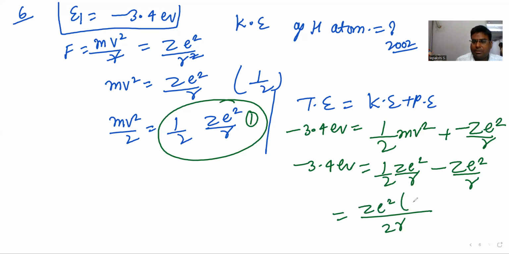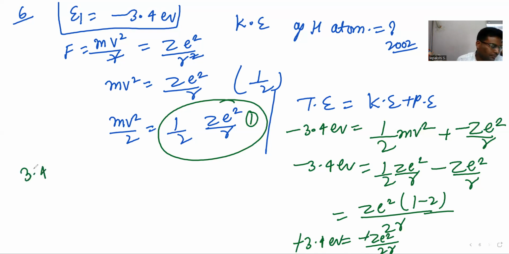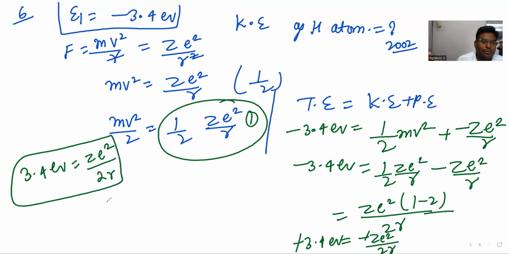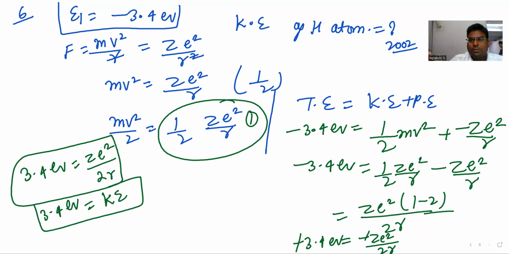ZE square is common, so it is 1 minus 2. Then minus ZE square upon 2r equals minus 3.4 electron volt. The minus and minus get cancelled, so 3.4 electron volt is equal to ZE square upon 2r. So this is the kinetic energy, equal to 3.4 electron volt. It is asked in 2002.